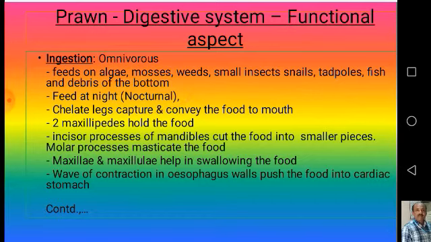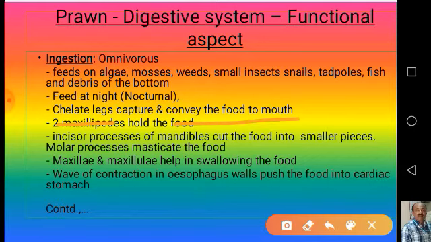Then what parts are useful for ingestion? Let us discuss. First of all, the chelate legs. These chelate legs pick up the food, capture it and convey it to the mouth, with the help of gnathobases of the maxillae and maxillulae, which hold the food in position, and the incisor processes of the mandibles.